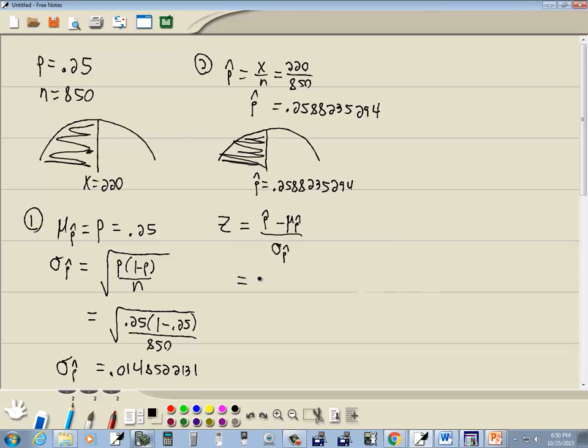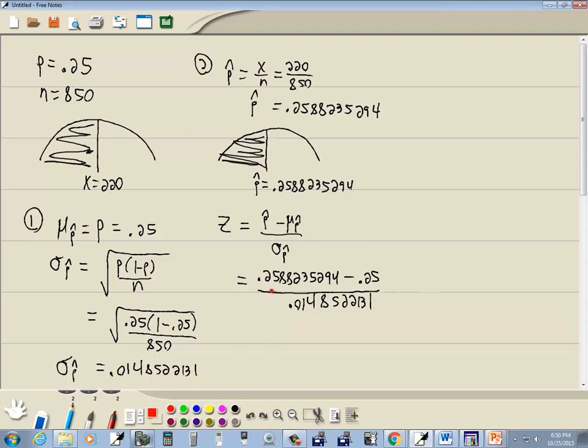So we've got p hat minus mu sub p hat over sigma sub p hat. P hat we said was a big long number, so we've got 0.2588235294 minus mu sub p hat, which we said was 0.25, divided by sigma sub p hat, which is all of this, 0.0148522131.